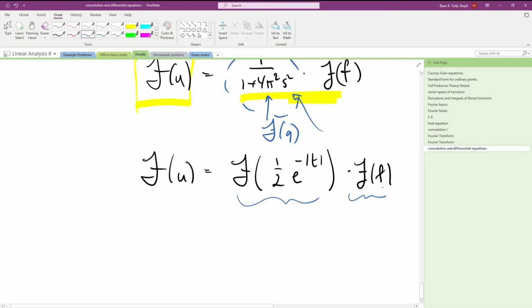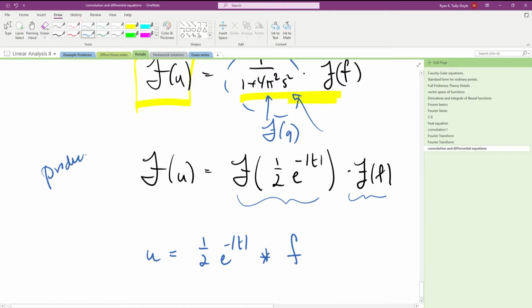So if the Fourier transform of u is equal to a product of Fourier transforms, then u is equal to 1/2 times e to the minus absolute value of t convolved with f. Because the Fourier transform of u was a product of Fourier transforms, u itself must have been a convolution.